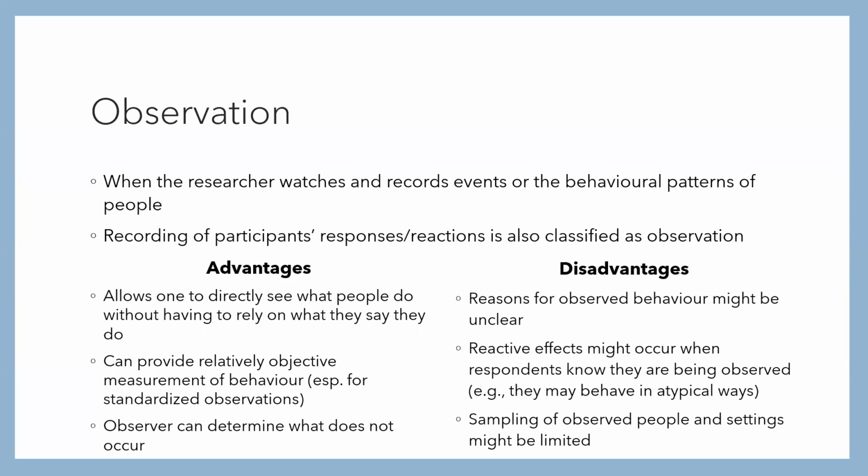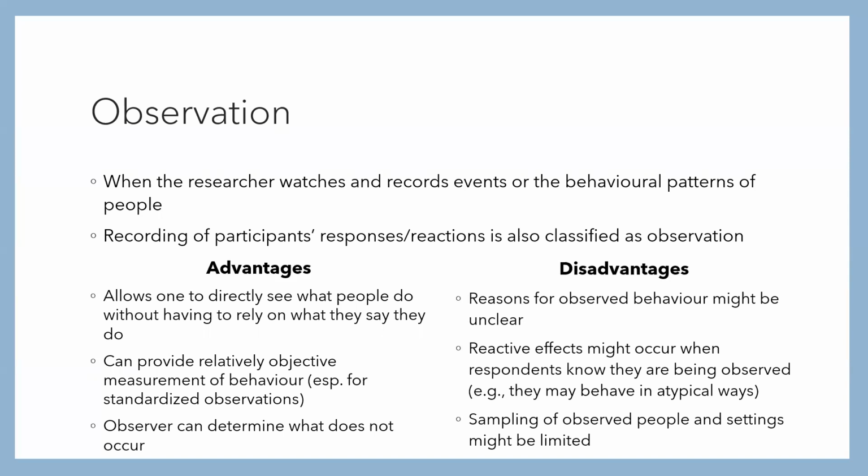Advantages of this are that it allows one to directly see what people do without having to rely on what they say they do. So you might be getting more truthful responses if you're actually observing their behavior. It can provide a relatively objective measurement of behavior, especially if you're using a standardized observation protocol. And this is similar to a standardized test.